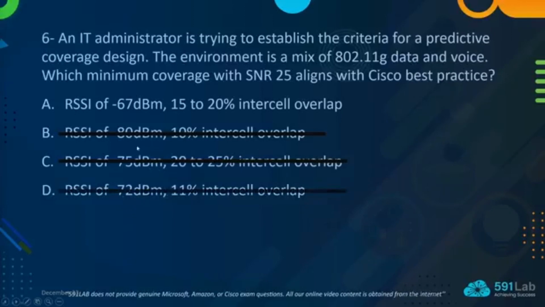These are not really bad, but since we're talking about voice, we really have to be connected at -67 or better for very good and clear voice. And we need about 15 to 20% intercell overlap, meaning that access points need to be overlapping each other by 15 to 20%. So the answer is A, RSSI of -67.